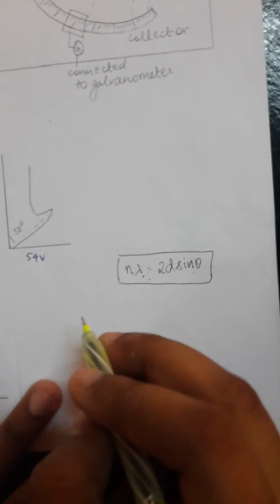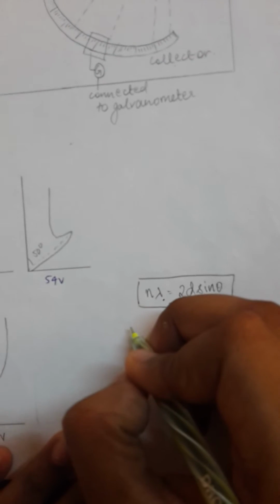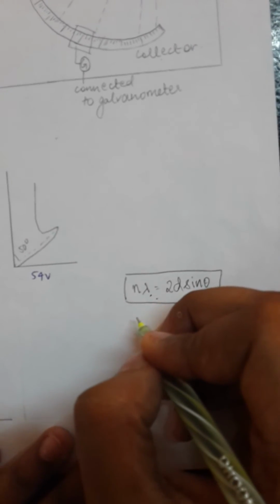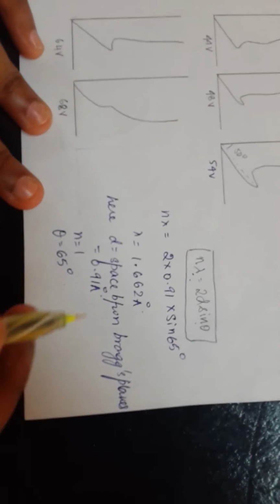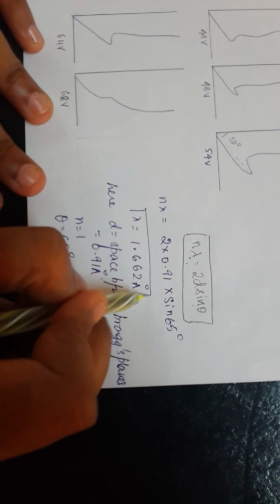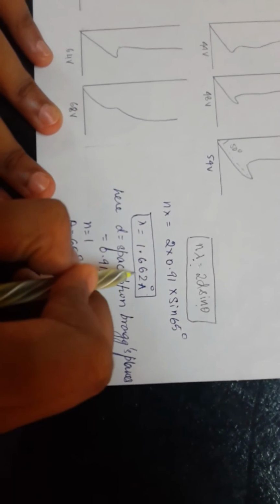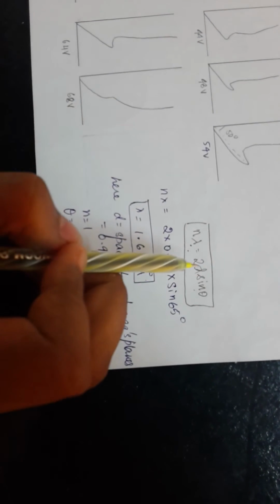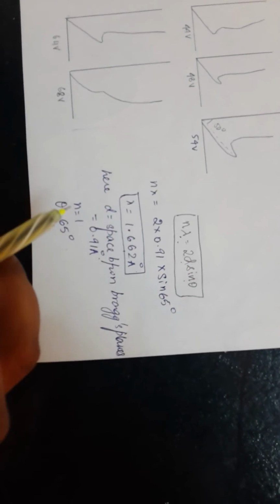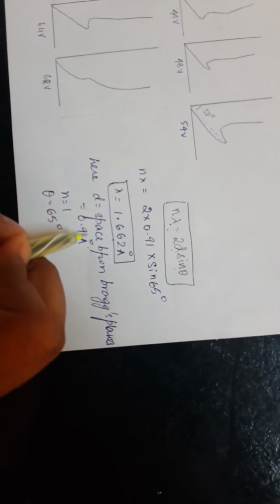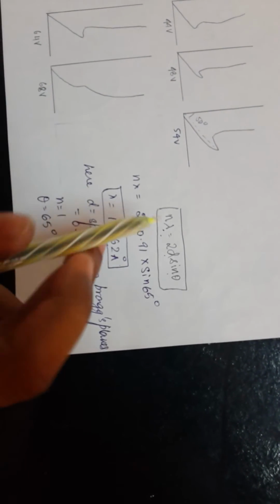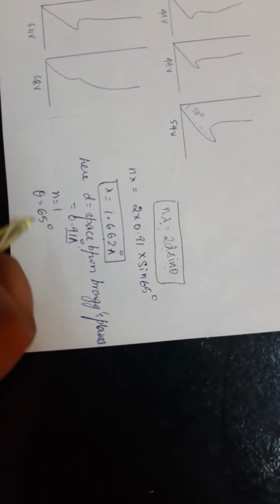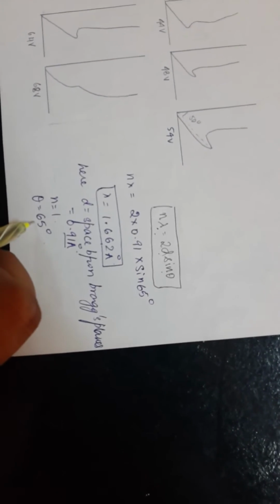Now, according to Bragg's law, we obtain the equation n lambda equals 2d sine theta. The calculation is shown as such. According to Davisson and Germer, we obtained lambda equal to 1.662 angstrom, where in this equation d is the spacing between Bragg's planes, which is 0.91 angstrom, n is taken equal to 1, and theta, as I mentioned earlier, is 65 degrees.